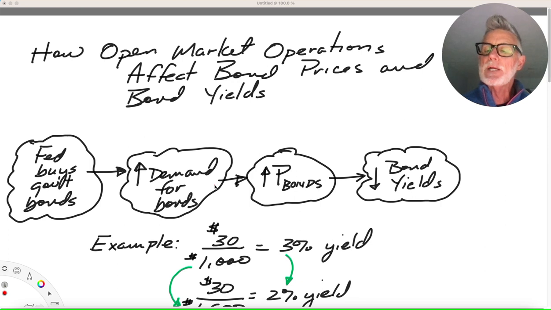Back in Topic 1, we took a quick look at open market operations and learned how the Fed buys or sells bonds and ultimately affects the level of reserves in the banking system. In this video, we're going to look at how these actions affect interest rates. Once we know that, we can begin to put together how they affect the macroeconomy.